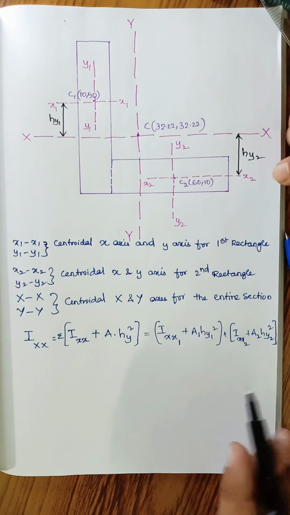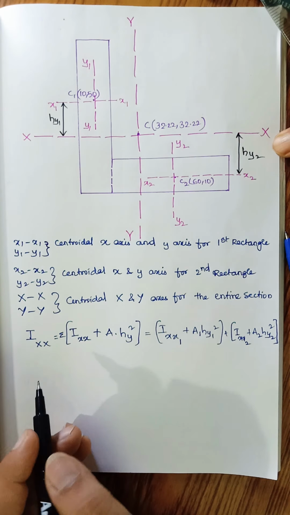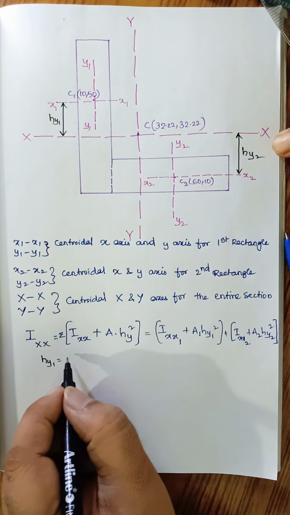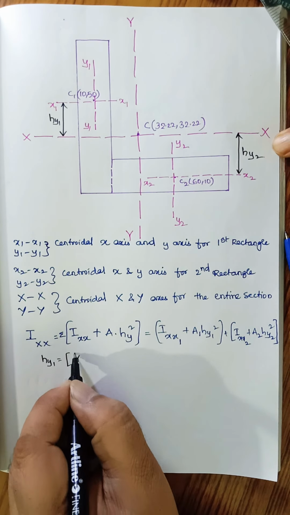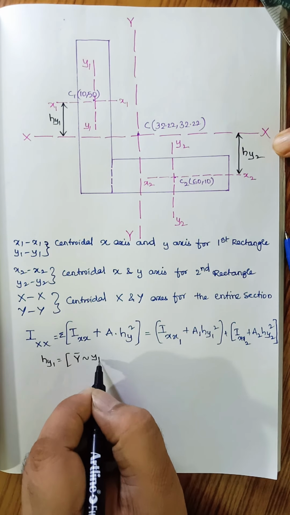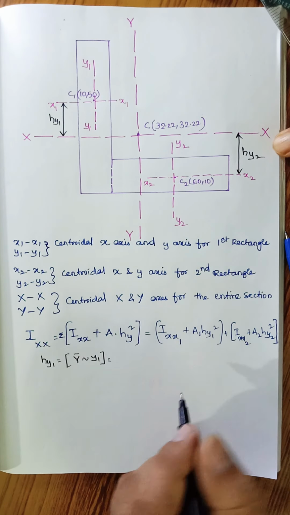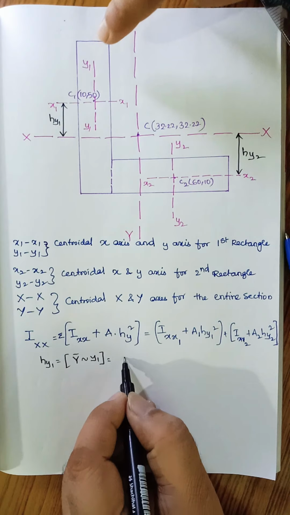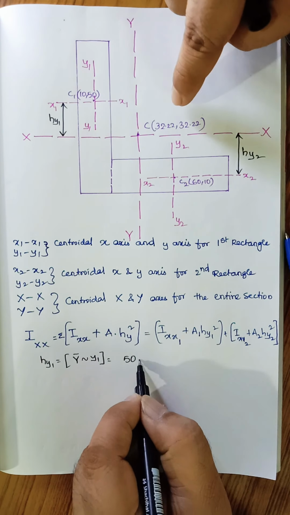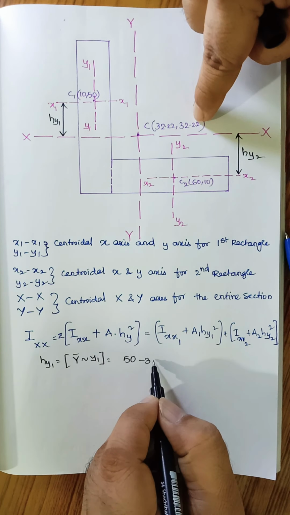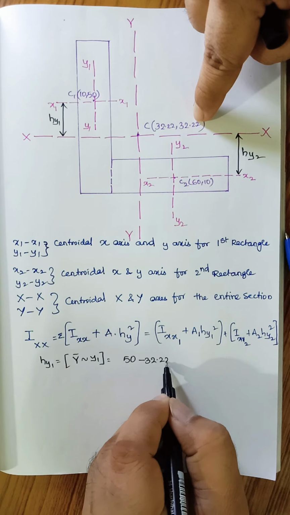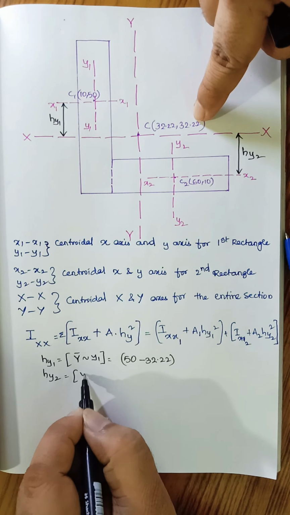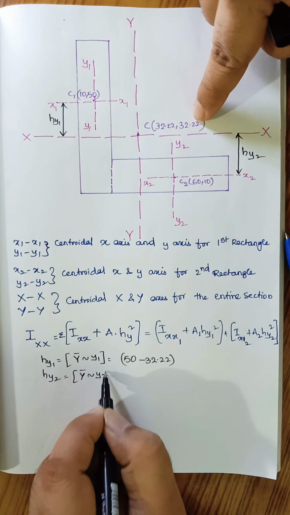Now there is a simple way to calculate hy1 and hy2, right? So hy1 can be written as the difference of y bar and y1. So what is the difference here? y1 is 50 minus y bar is 32.22. Similarly, hy2 is the difference of y bar and y2.